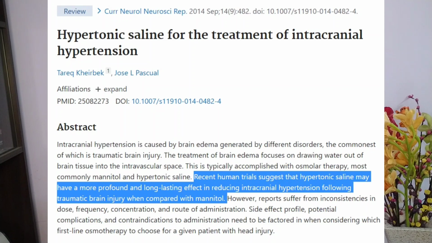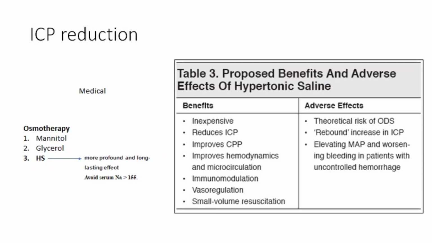Recent human trials suggest that the hypertonic saline may have a more profound and long-lasting effect in reducing the intracranial pressure following traumatic brain injury when compared with mannitol. However, the effectiveness of the hypertonic saline compared to other intracranial pressure reducing agents in the management of traumatic brain injury is still debated.